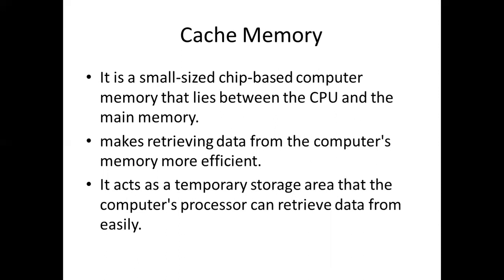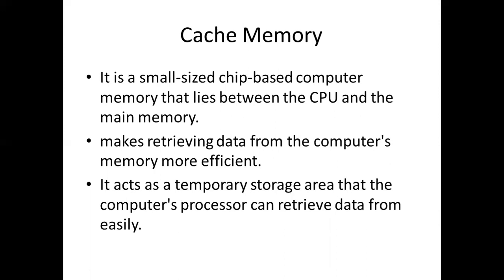Now the cache memory is a small-sized chip-based computer memory that lies between the CPU and the main memory. What it does is it makes retrieving data from the computer memory more efficient, faster, between the CPU and the main memory.